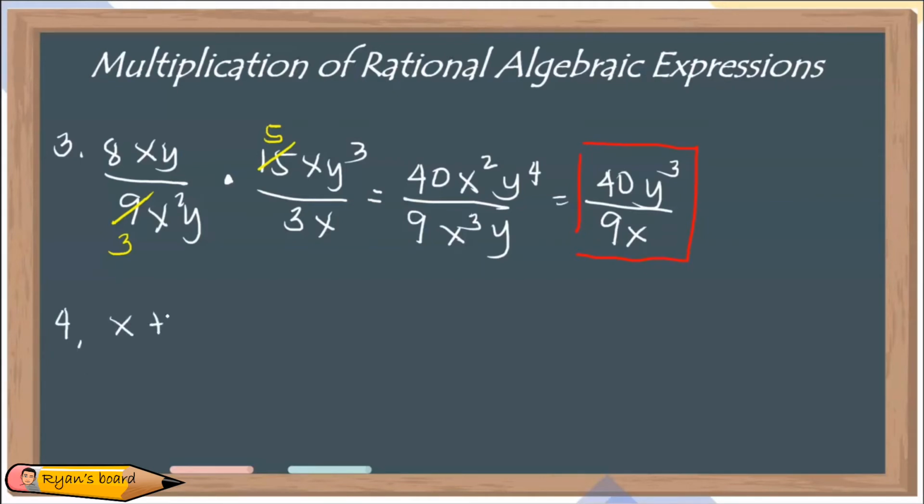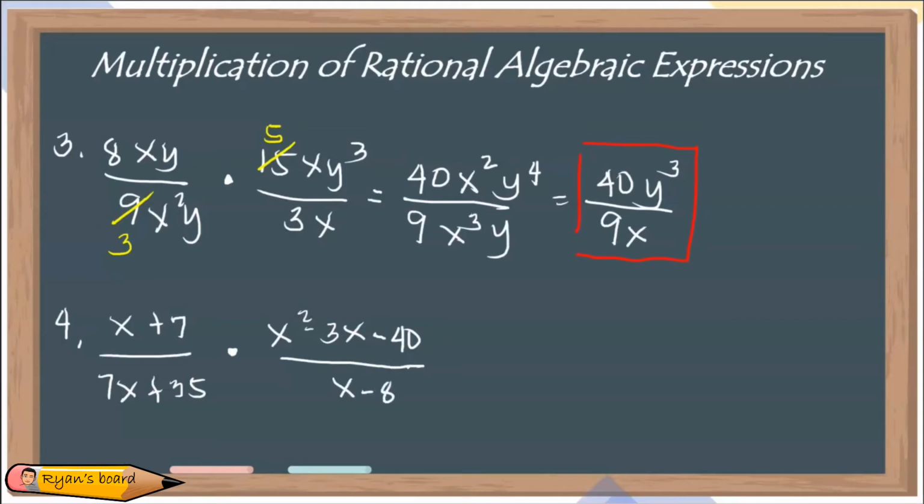Let's say x plus 7 over 7x plus 35 times, let's say, x squared minus 3x minus 40 all over x minus 8.